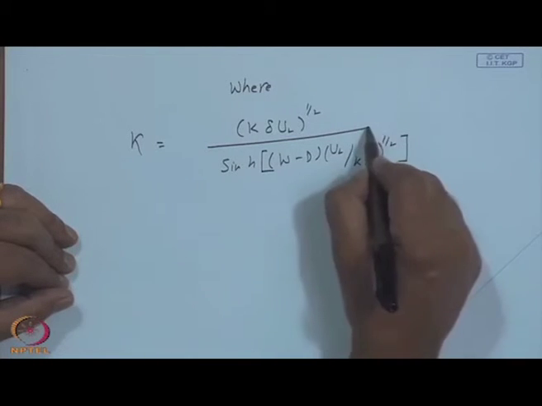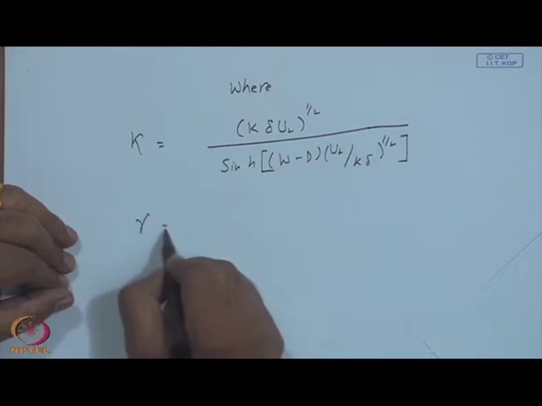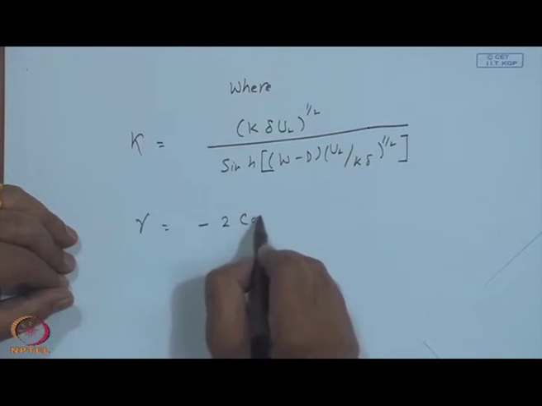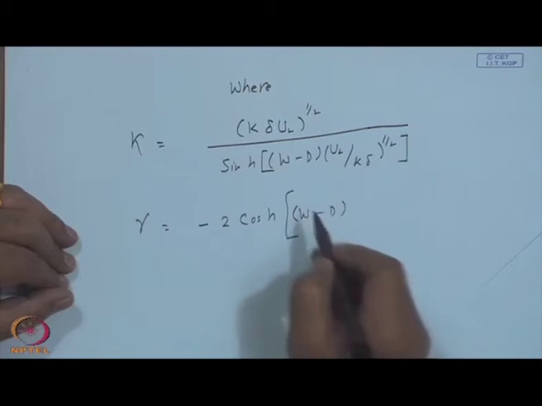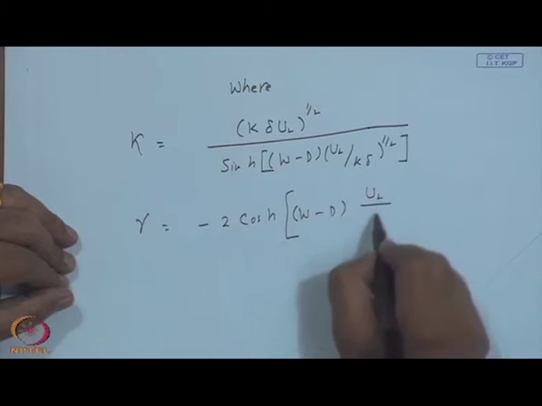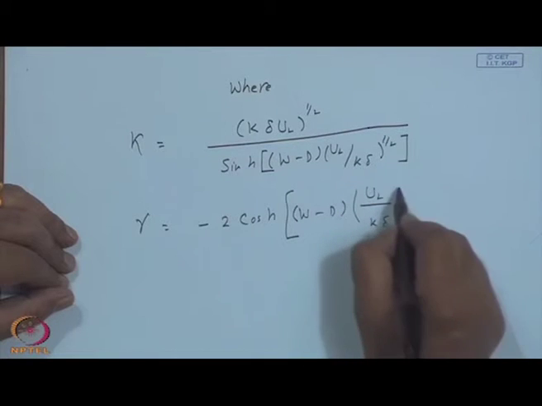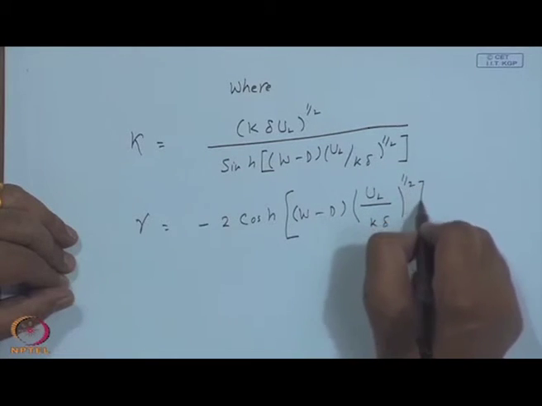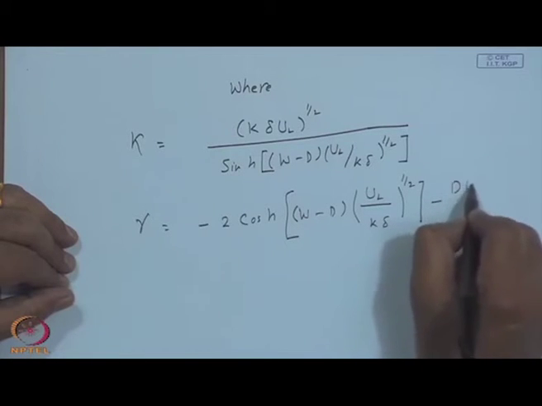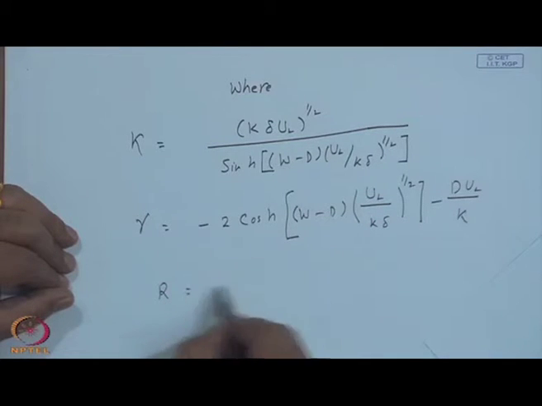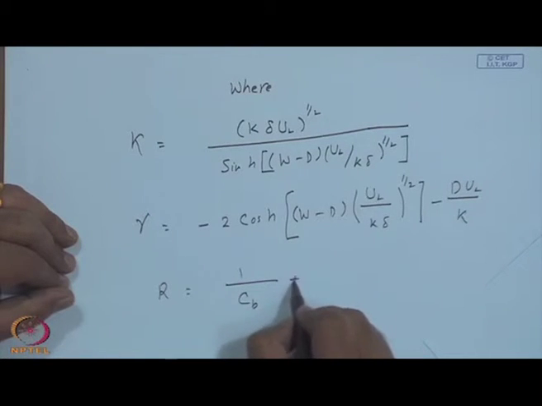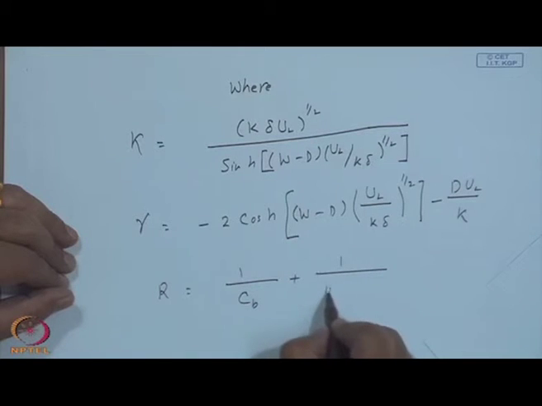So, this closes here, and gamma is minus 2 cos hyperbolic W minus D times UL by k delta to the power 1/2 minus d UL by kappa, and your R is the bond resistance, if Cb is the bond conductance, plus the convective resistance pi d i h f i.